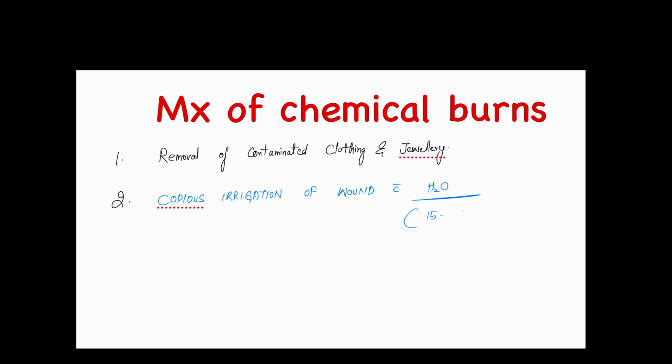Around 15 to 20 liters of water is usually used, and this irrigation is done till wound pH becomes normal, that is 7 to 7.5.